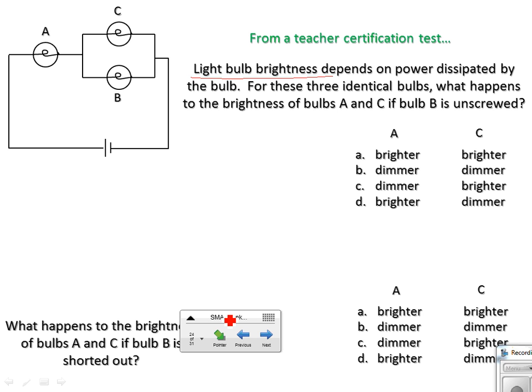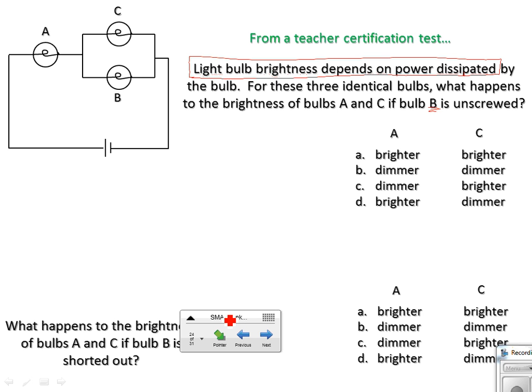We'll do some talking about light bulbs, and light bulb brightness depends on how much power they dissipate. Okay, and you have these 3 bulbs connected as you see, A, B, and C, and then the question is, if we unscrew bulb B, what happens to the brightness of the other 2? All right, so I want you to answer that question.